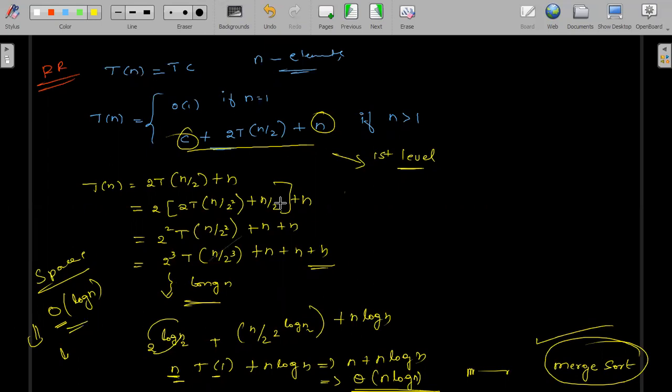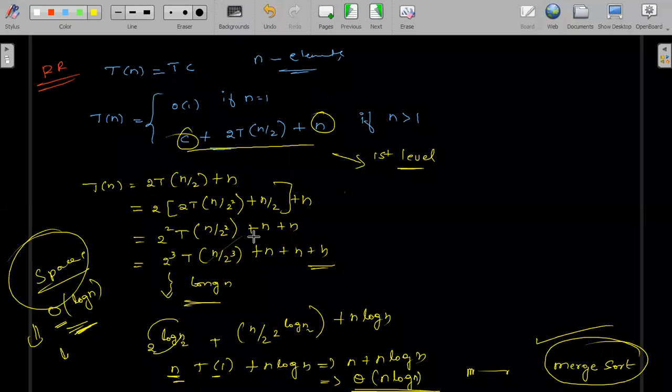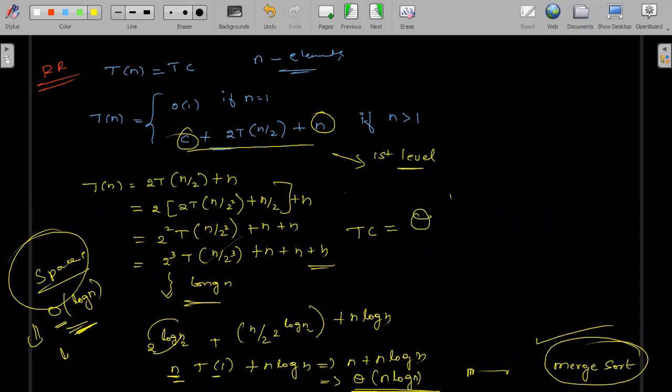I have to justify that, which is why I told you it should not take n space, it should take less than n space. So this is all about your space complexity, and this is all about your time complexity. So finally, once again, time complexity is equal to theta of n log n. That's it.